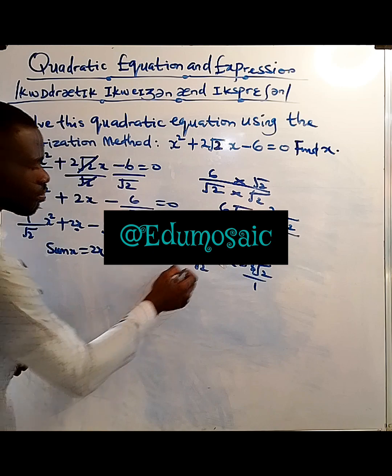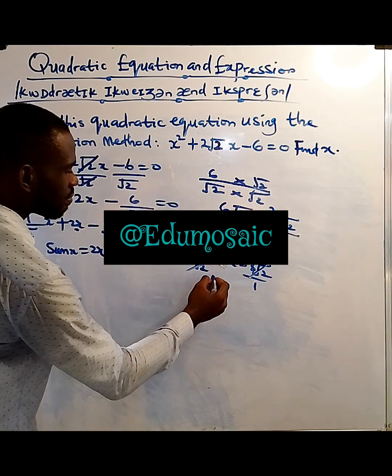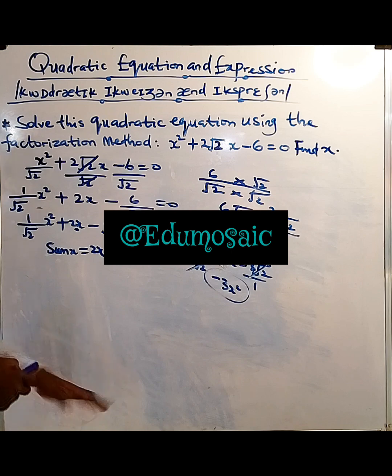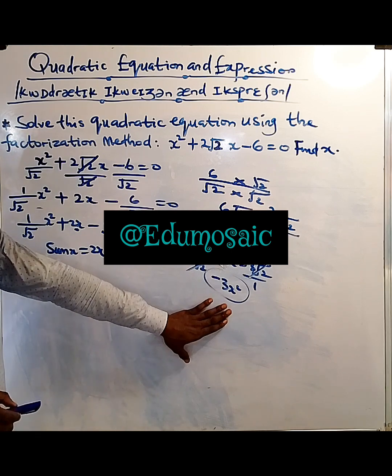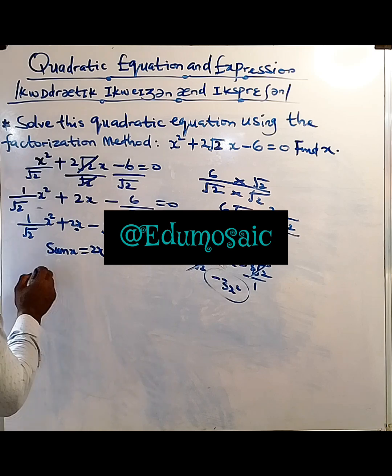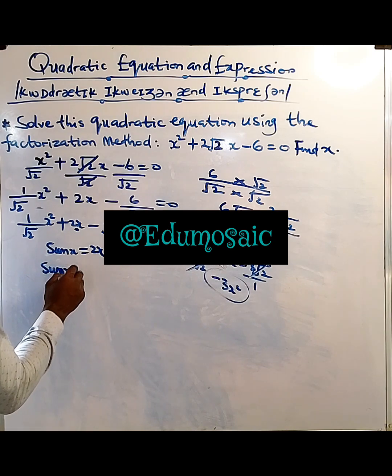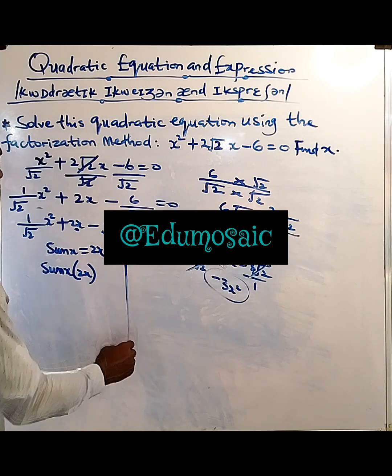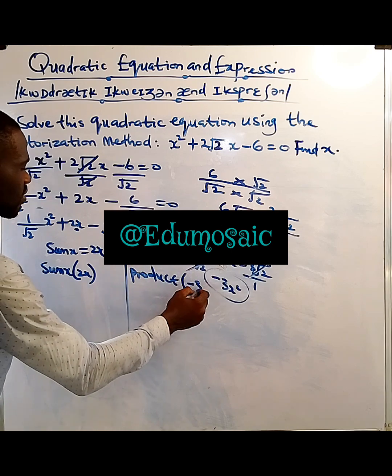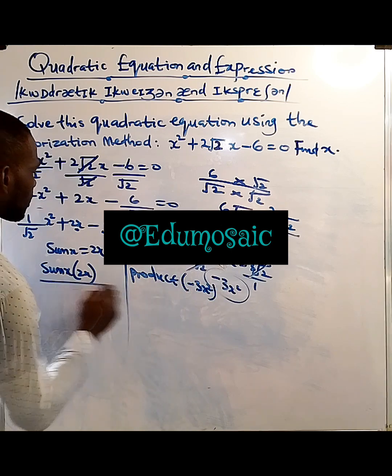Root 2 cancels root 2, and what do we have? Minus 3x squared. That's the product that we have. It's very clear: the product is minus 3x squared and the sum is 2x.